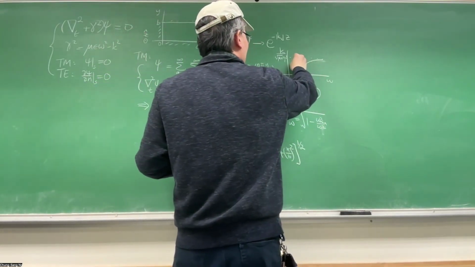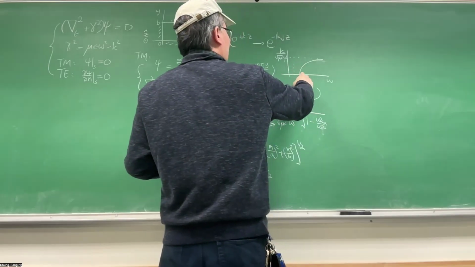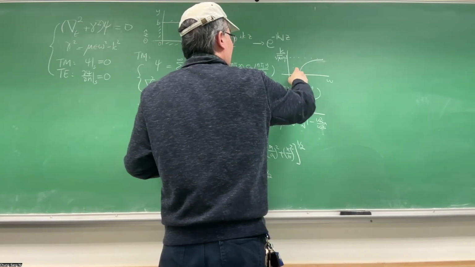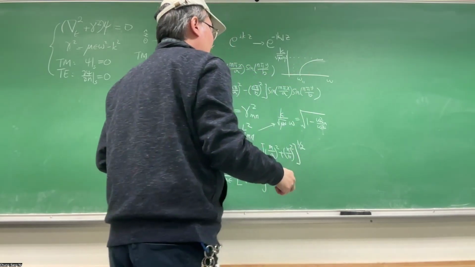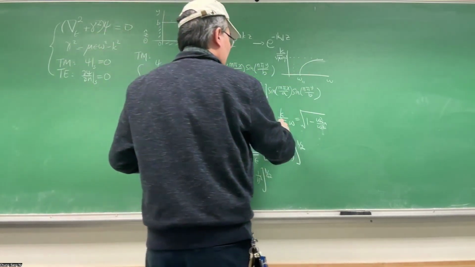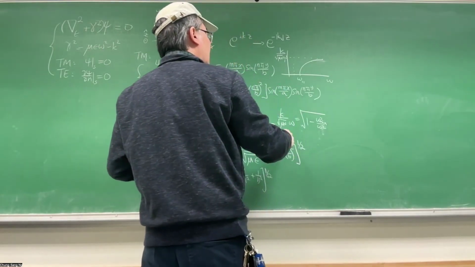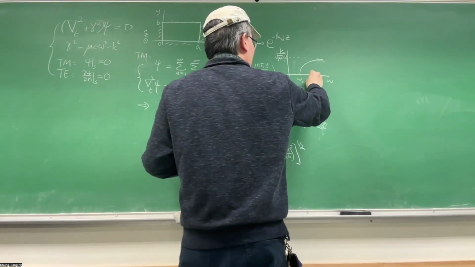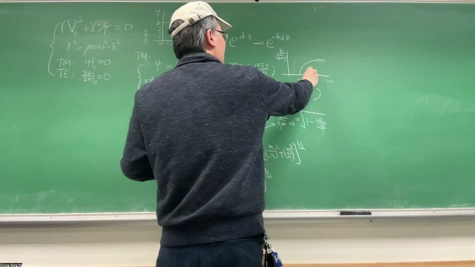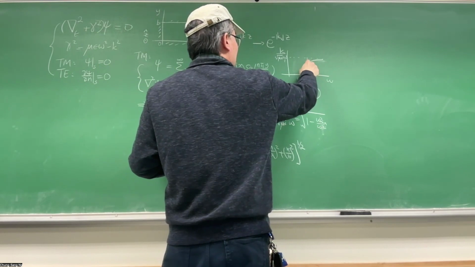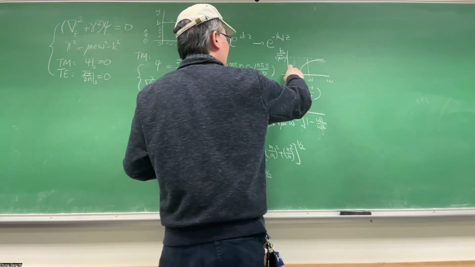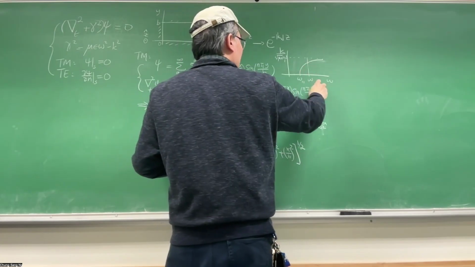So if omega is too small, there's no intersection with this function, right? And you cannot find a solution for real k, so the mode is not propagating. So you need omega greater than omega 1,1. Then the k will be this point, and you can have a real solution for k, right?